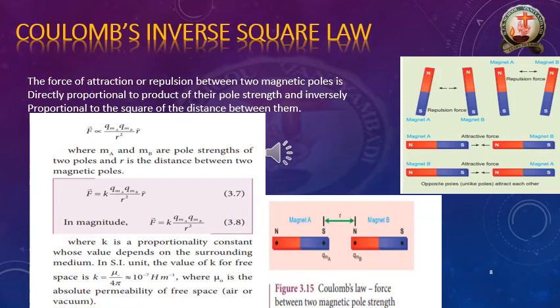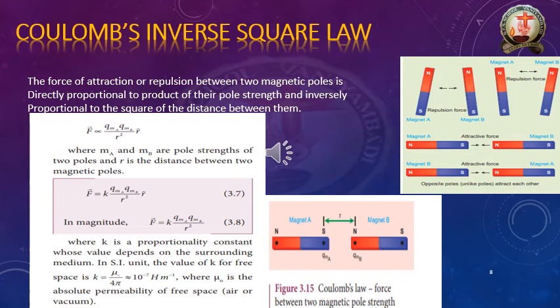QMA is the pole strength of magnet A, and QMB is the pole strength of magnet B. QMA is the pole strength of the south pole of magnet A, and QMB is the magnetic pole strength of the north pole N of magnet B. So the product of their pole strengths, QMA, QMB, both are in product.